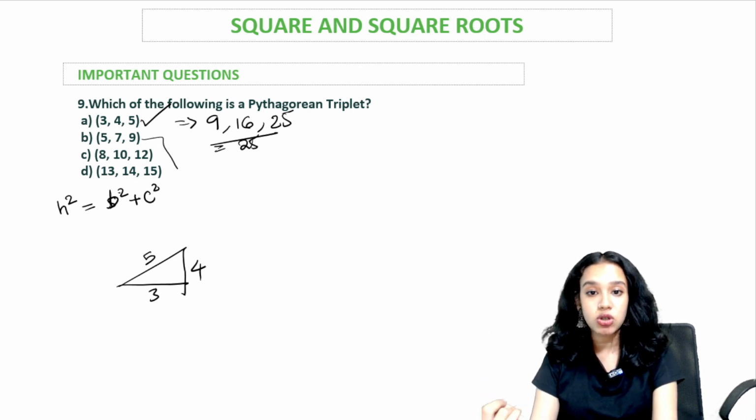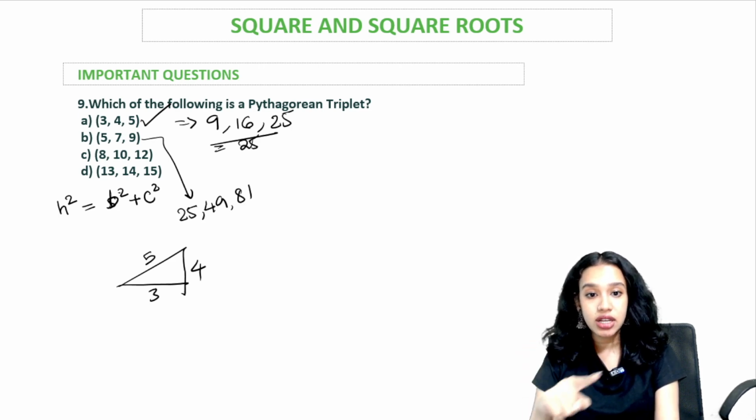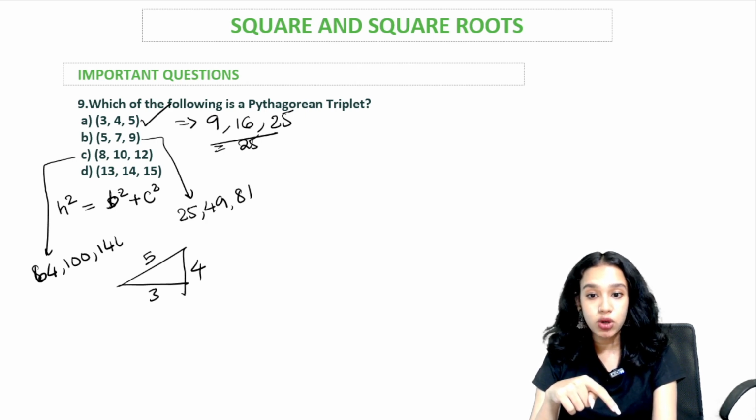If we check all the other options, we have 25, 49 and 81. This is clearly not the sum. Now option C would be 8 square, which is 64, then 100 and 144. So 64 plus 100 is not 144. So this is also a wrong answer.